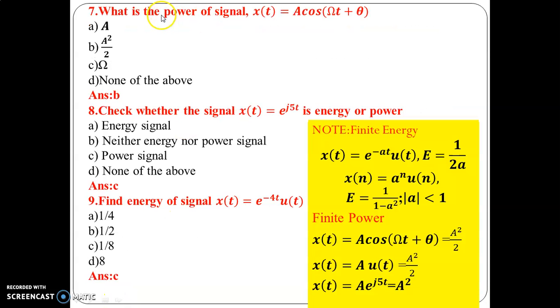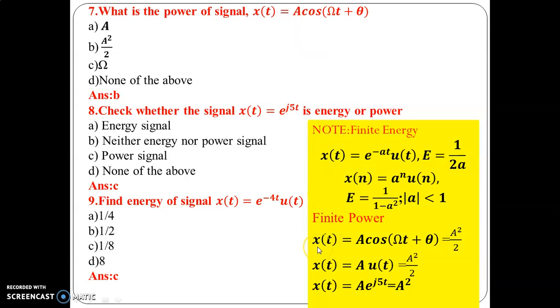Right? Now, what is the power of signal x of t equal to a cos omega t plus theta? Basically, to find the value of energy and power, we have a formula. We substitute this in that formula and we will find the power. But we have a shortcut.